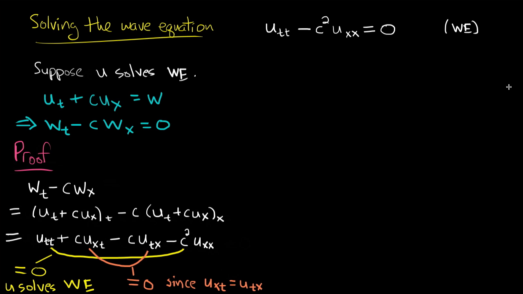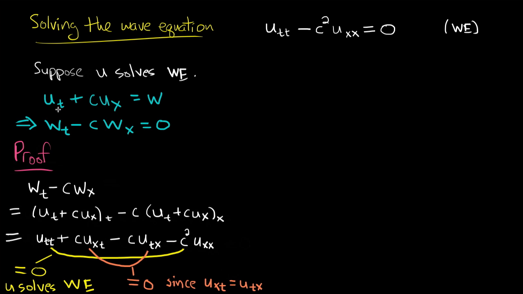It's interesting to note that what we've shown with this proof is something a little more general than what we set out to show. We set out to show that if U is a solution to the wave equation, and we define W as UT plus CUX, then W satisfies WT minus CWX equals 0. What we've actually shown with this proof is that the two equations are equivalent.